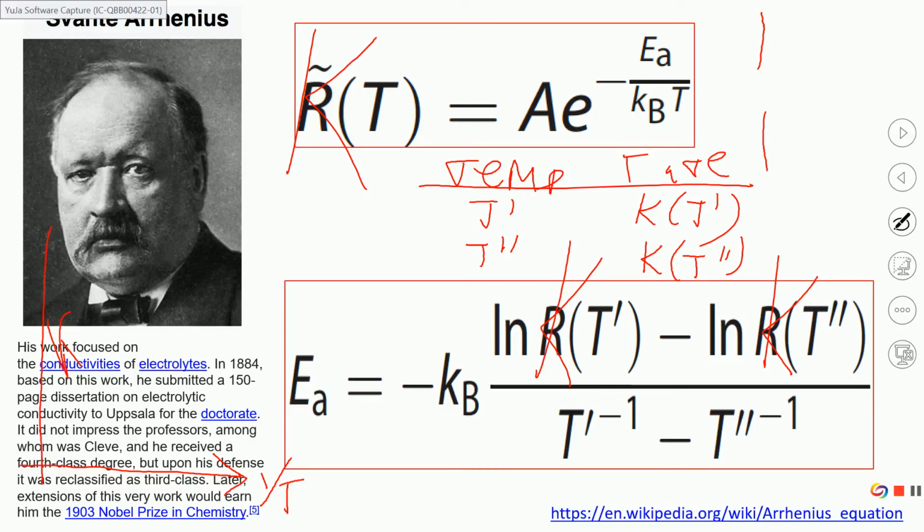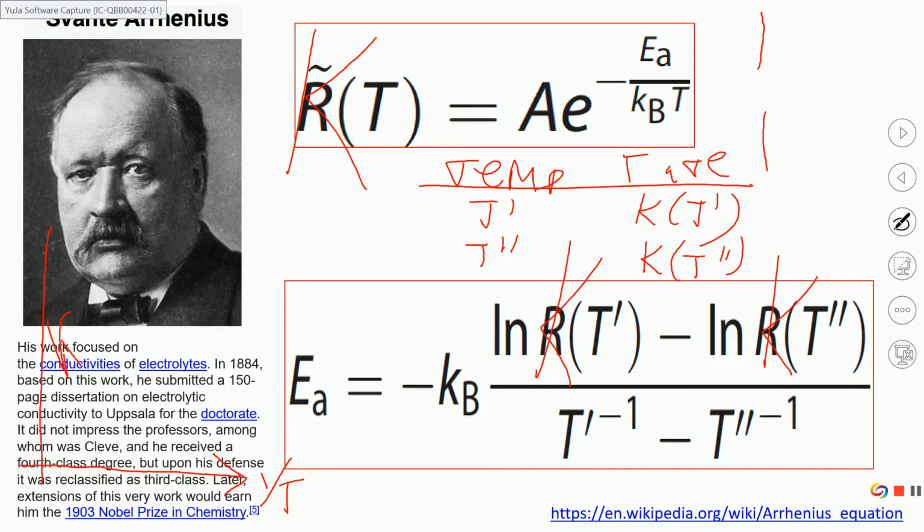When I heard it from my instructor in my time, I was very angry. What's wrong with temperature? Why should we use 1 over temperature? It's a crazy parameter. But for this type of equation, it is much more comfortable.